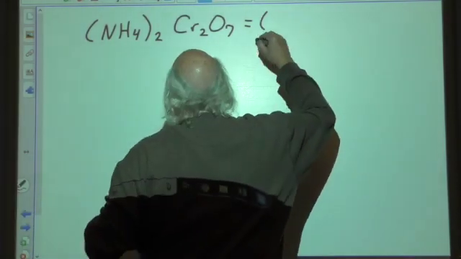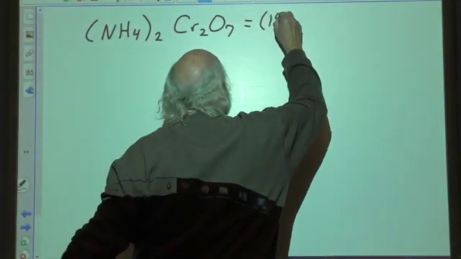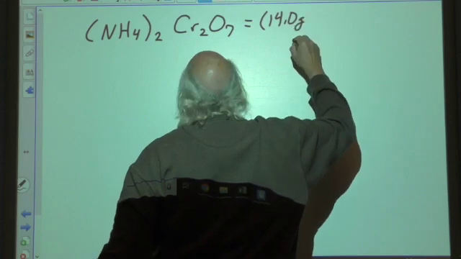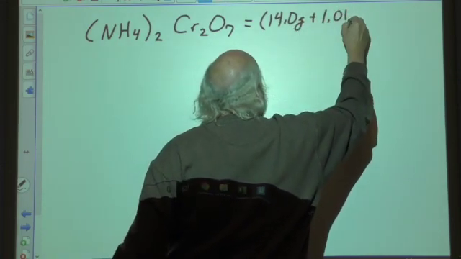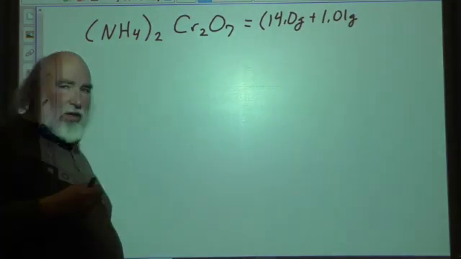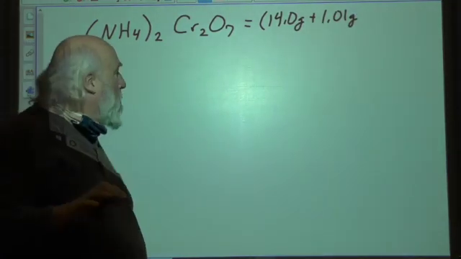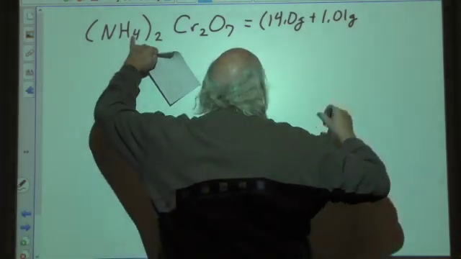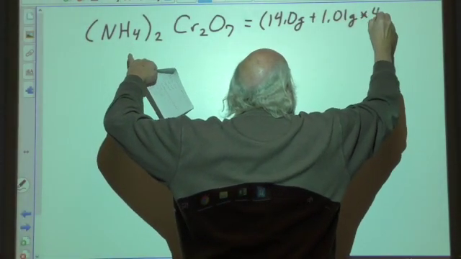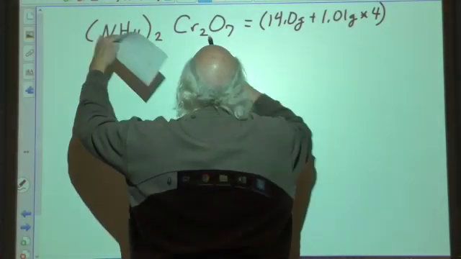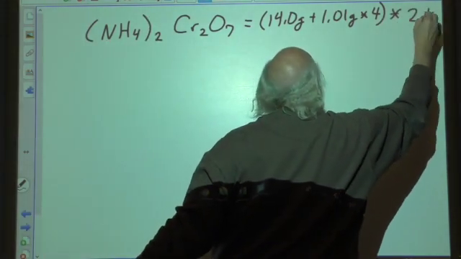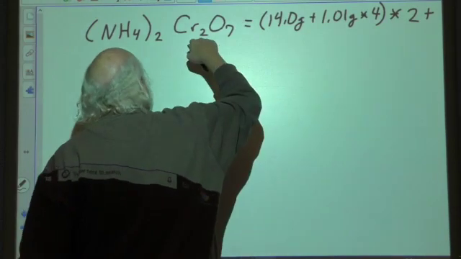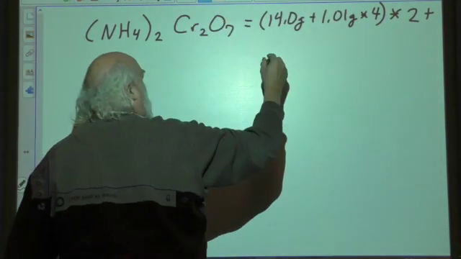Parentheses, N, which is 14.0 grams, plus hydrogen, which is 1.01 grams. Remember, we're using 3 significant figures in all our masses. And we have 4 of them, so we're going to put a times 4 there. And then we have 2 of this entire thing, so this is times 2. Plus, we have 2 chromium, so chromium times 2.